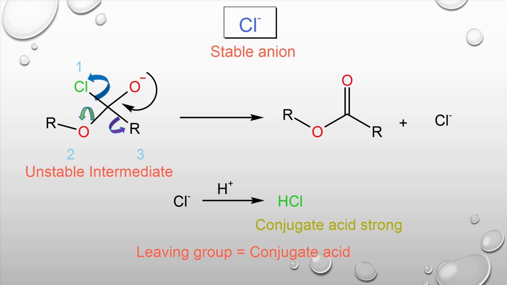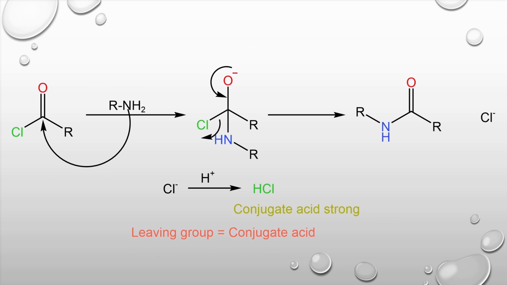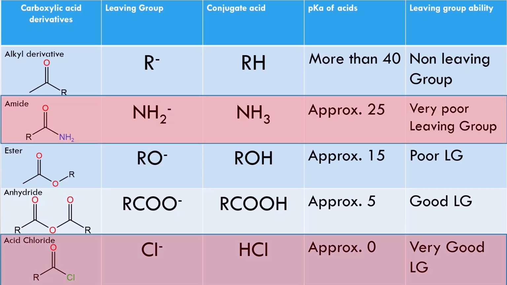Take another example. Suppose this time the amine nucleophile attacks the acid chloride. The product will be an amide, because in the intermediate state, the leaving group choices are Cl- and NH2-, out of which the Cl- conjugate acid is HCl, while the NH2- conjugate acid is the amine NH3, which is basic, hence a very high pKa value of about 25.